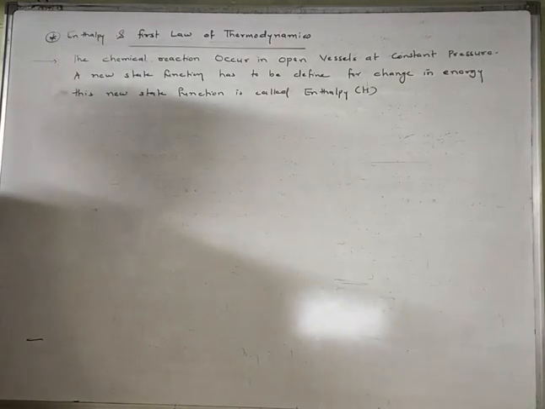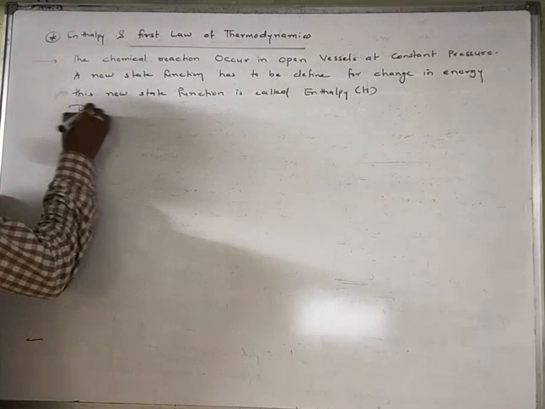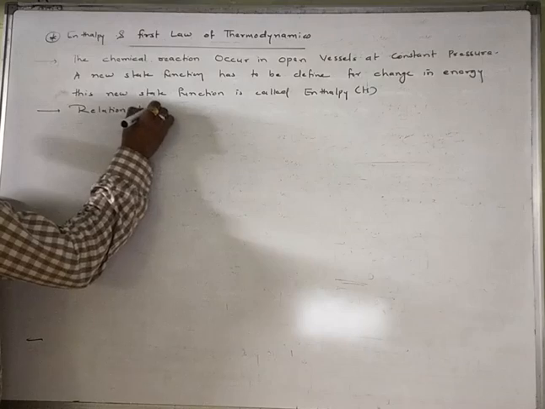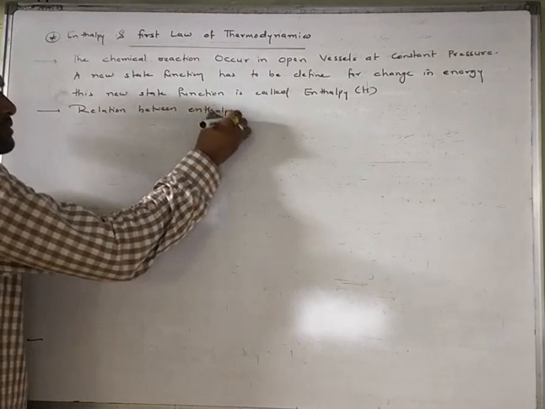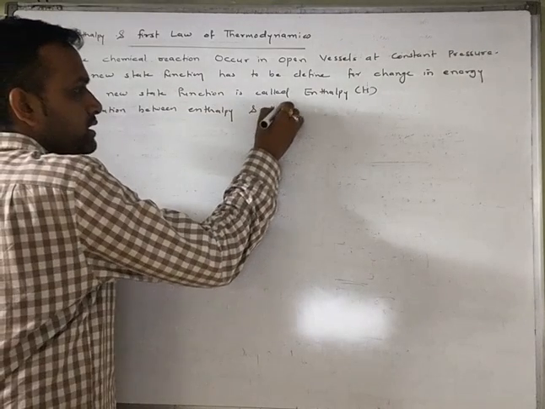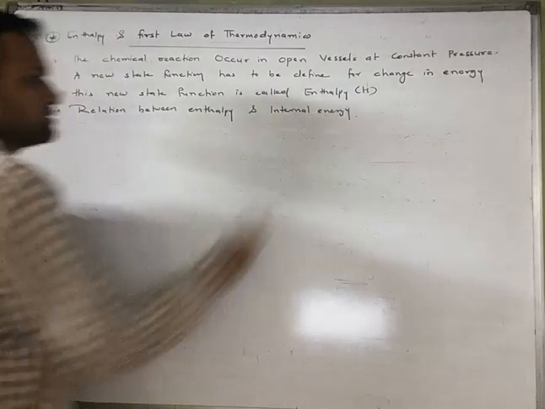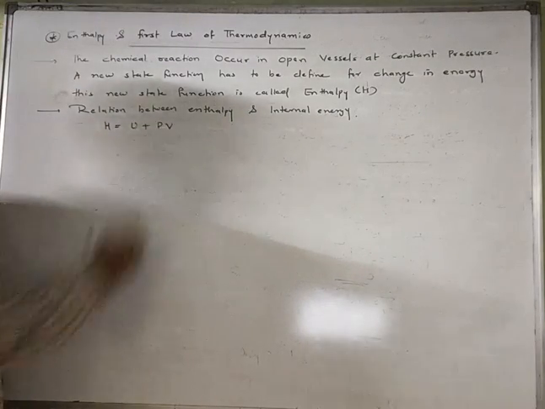So I can write down the relationship between the enthalpy and internal energy, that is H equals U plus PV.